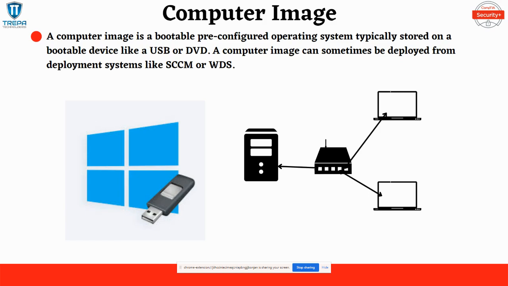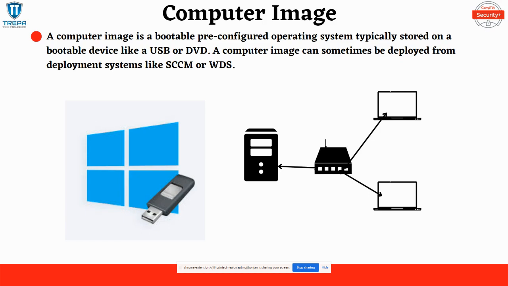A computer image can also be used to create a standard baseline for your enterprise. Meaning when I create that Windows 10 image, I can put policies in place or give a desktop background in that image so that image can be used for maybe everyone in the accounting department or the marketing department, right?